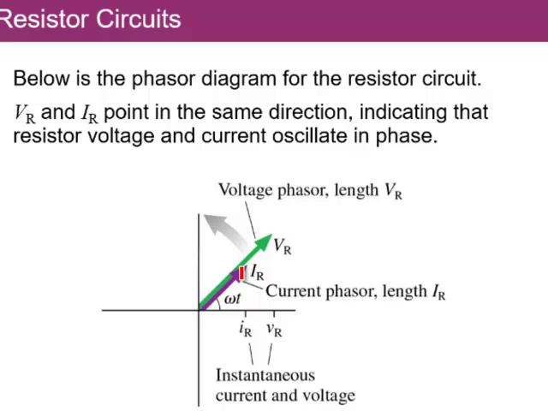That is, they'll be reaching the peak and the minimum together. And when we project them on a horizontal axis, we will get the instantaneous value of the current or the instantaneous value of the voltage. These two are still connected by Ohm's law. That is, V_R is I_R multiplied by the resistance. But we are looking here at the phasors, and so we're looking at the vectors representing the V and the I.